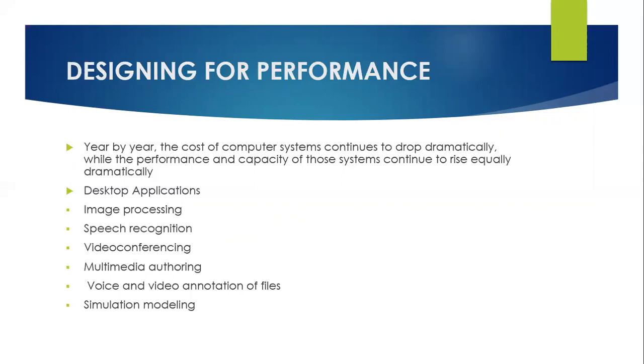Applications in which you are currently using your computers are image processing, speech recognition, video conferencing, multimedia authoring, voice and video annotation of files, simulation modeling. Right now you are using your computer for these kinds of applications, and for that your computer should give very high performance. That is important.